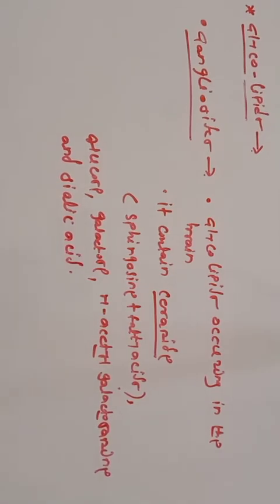So you should know that these glycolipids contain amino alcohols such as sphingosine, isosphingosine, fatty acids, and carbohydrate moieties such as sugar, amino sugar, and sialic acid.